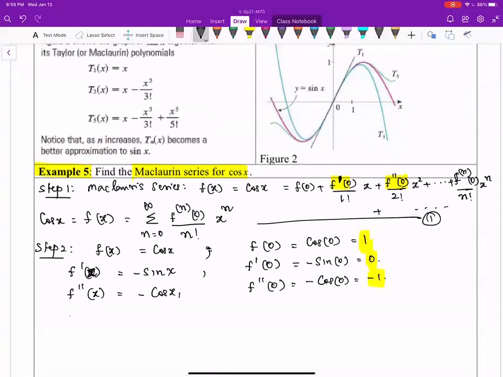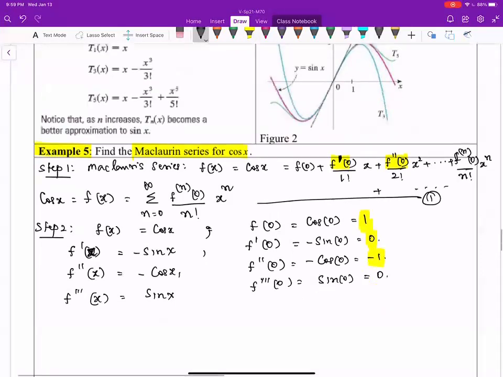And if you take the third derivative, it's negative of negative sine x, so it will be sine x. The third derivative at 0 is sine 0, which is equal to 0. If you continue this process, you notice that the second coefficient and fourth coefficient are all 0.